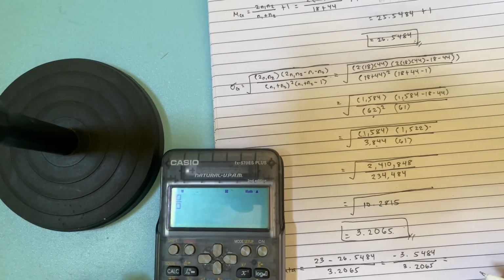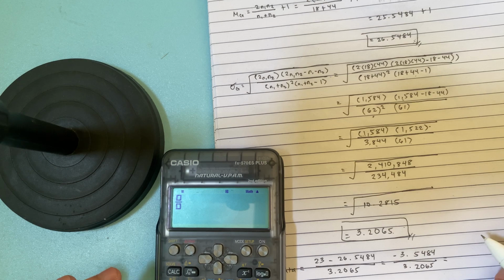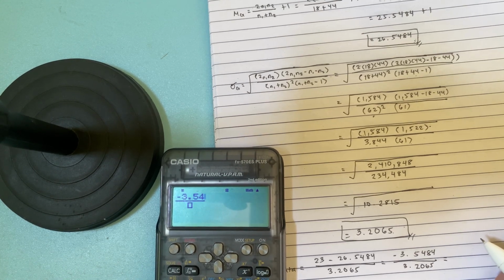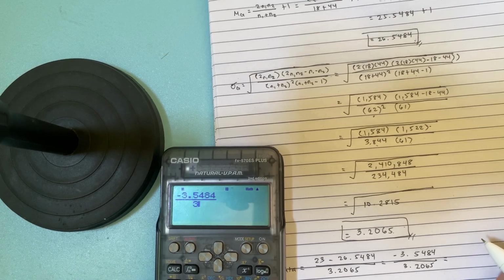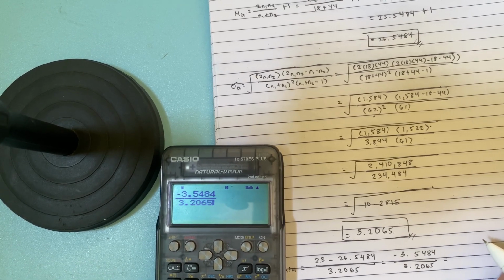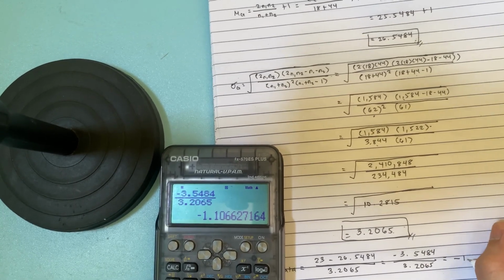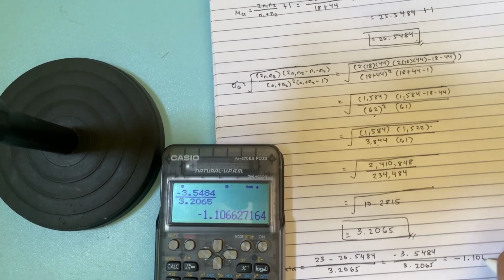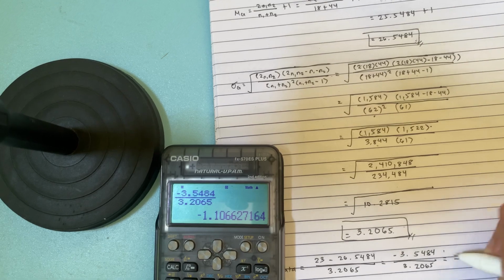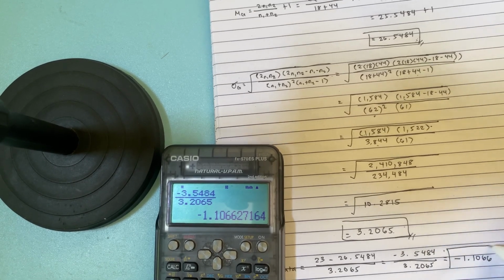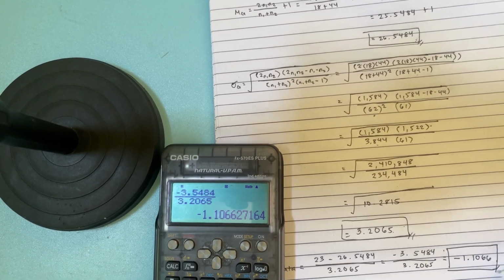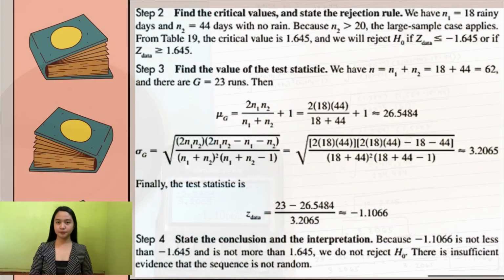Dividing negative 3.5484 by 3.2065, the answer is negative 1.1066. So this is the value for our z data.